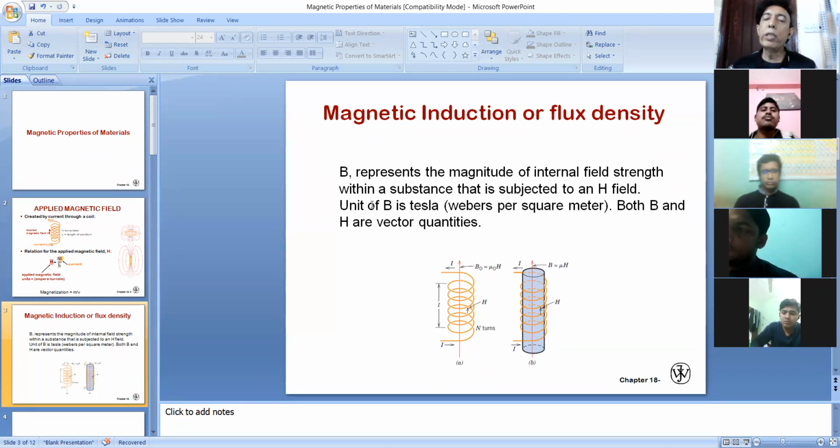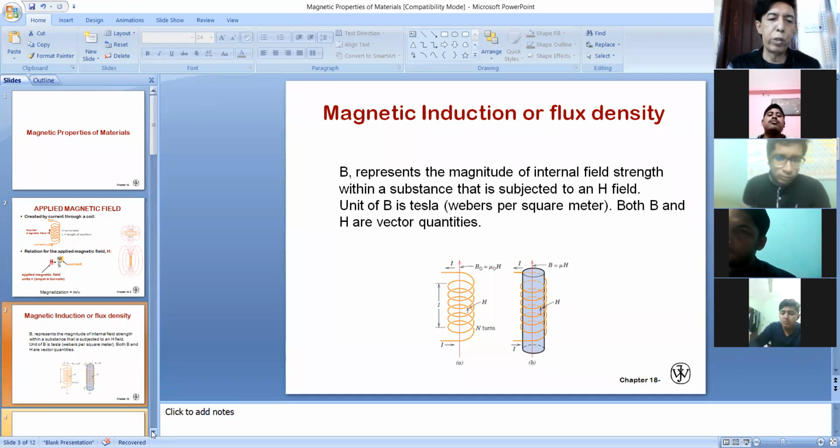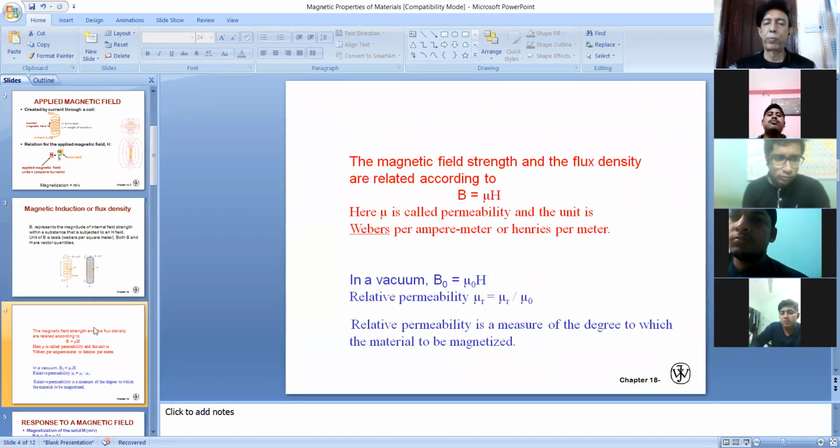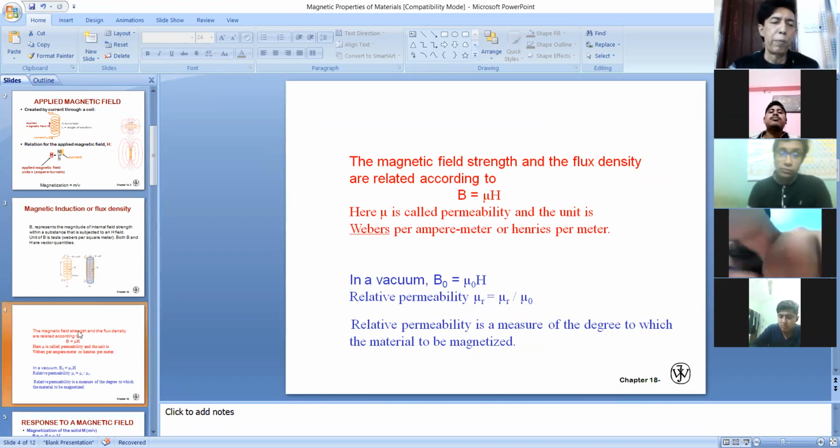Now, what is the relationship between B and H? The relationship between B and H is B is equal to mu H. Now, how does this relationship come?